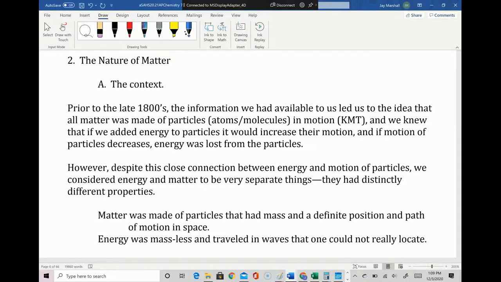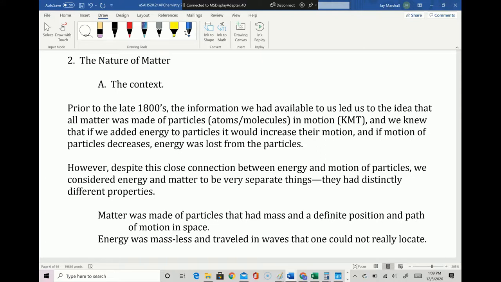Prior to the late 1800s, all that we knew led us to the idea that matter was made of particles. Okay? That's all we really knew. Before the late 1800s, we knew that all matter was made of atoms or other particles that were made up of atoms.